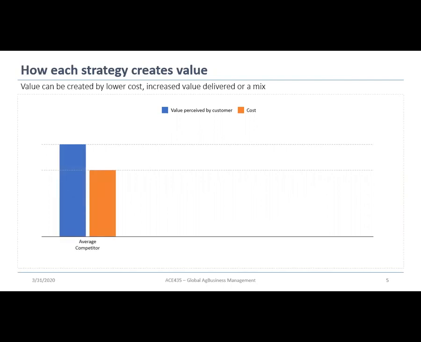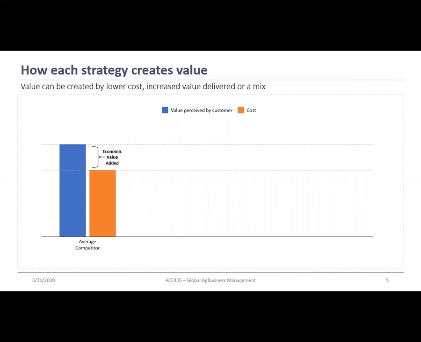We're taking farmers as this case, but we can think also of input companies or traders or other segments. This average competitor has this amount in blue of value perceived by the customer and cost. The difference here we can call economic value added, related to profits. It's not exactly the same, but you can think of it that way.